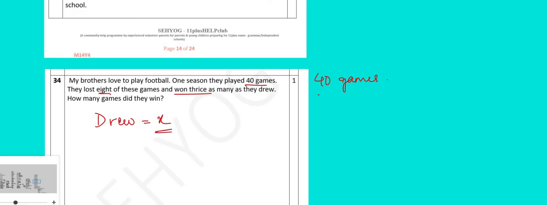They won 3x games. So we have x plus 3x plus 8 is equal to 40.